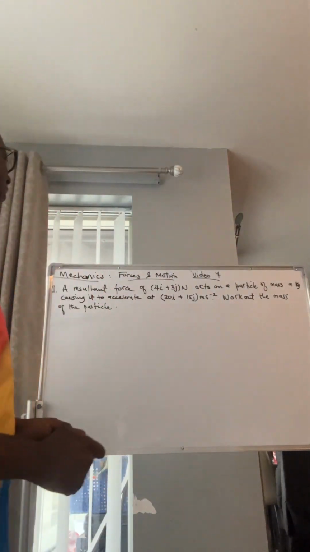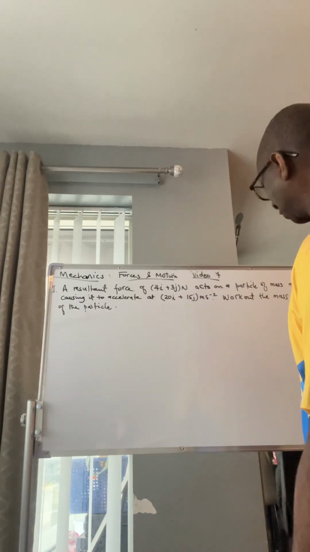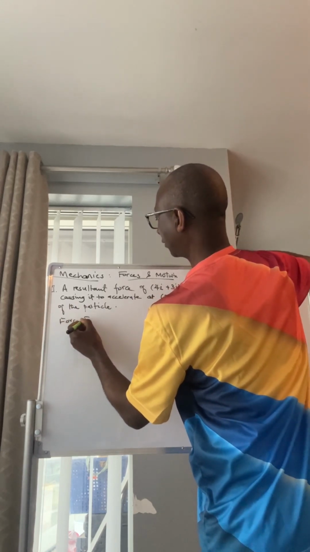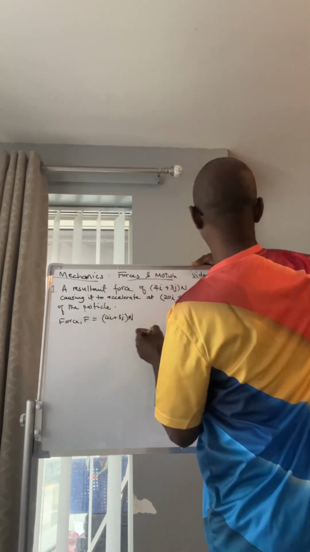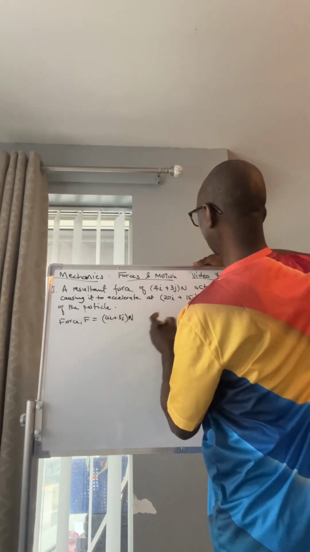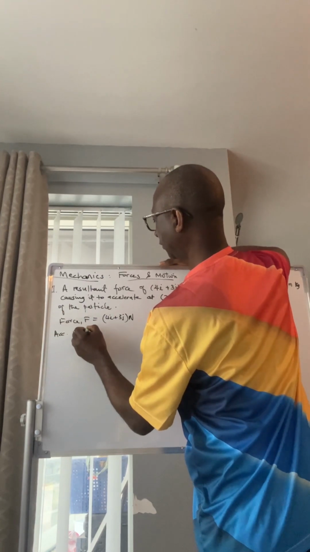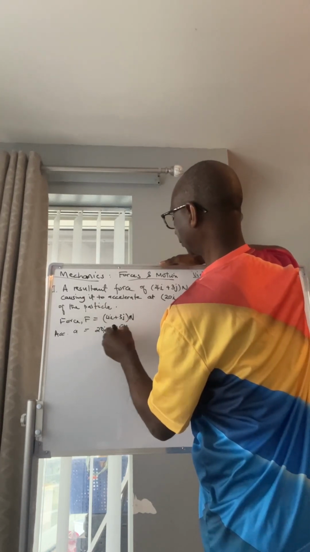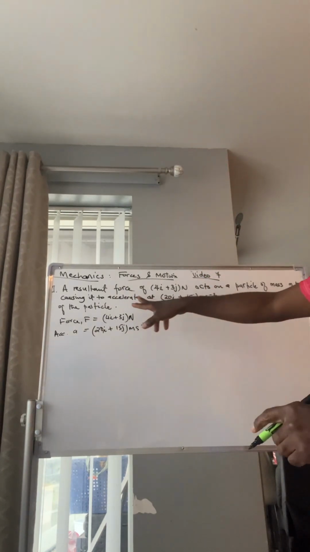So straight away, you are able to find out that this is a problem that involves Newton's second law of motion, because here you are given the force F, which is equal to 4i plus 3j newtons, and you are also given the acceleration, which I will abbreviate as a, is 20i plus 15j meters per second squared.